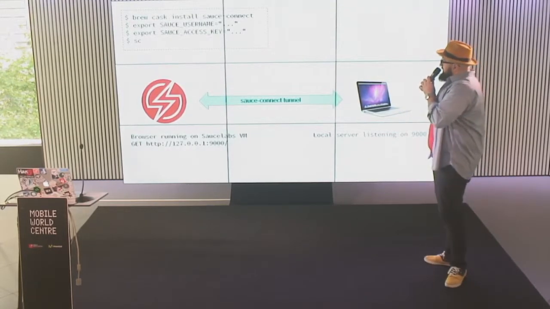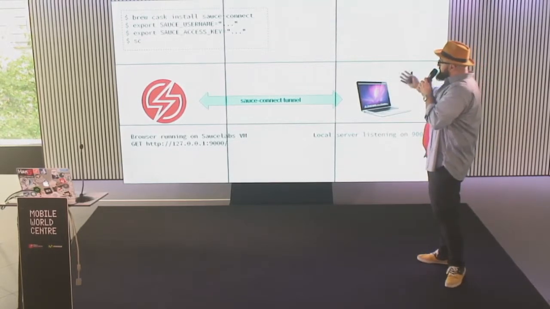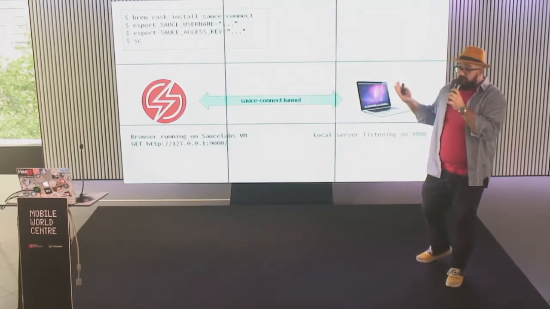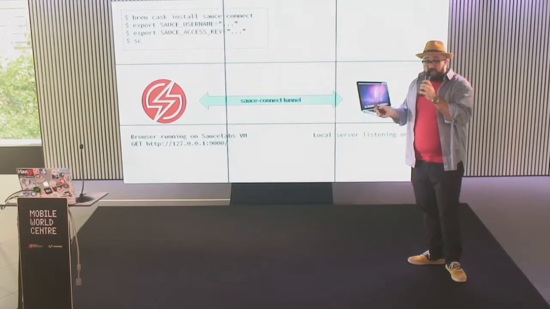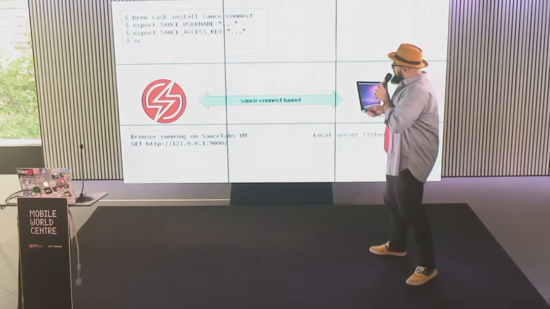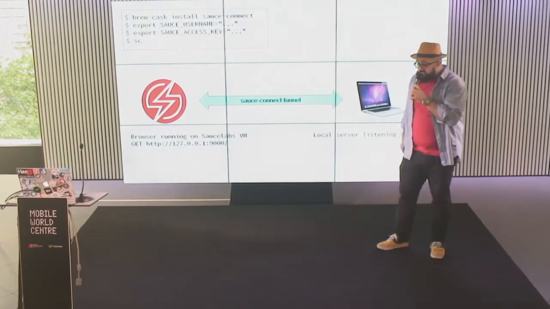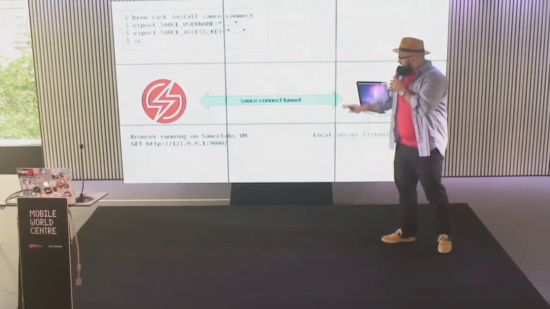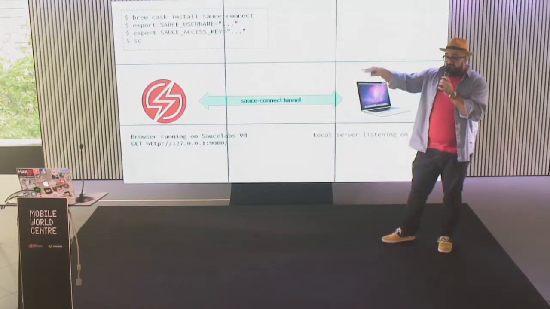And the coolest thing about it, or one of its coolest features, is called Sauce Connect, which basically is a command line tool that you can install locally on your computer, and then you set the credentials in the environment as environment variables. And when you run Sauce Connect, it basically creates a tunnel between your computer or Travis and Saucelabs.